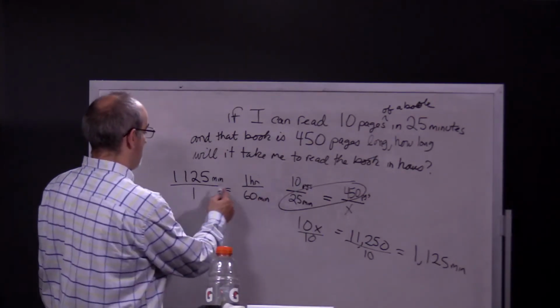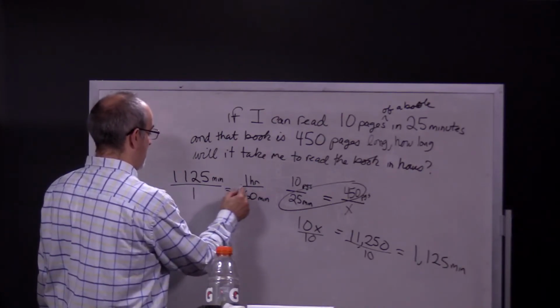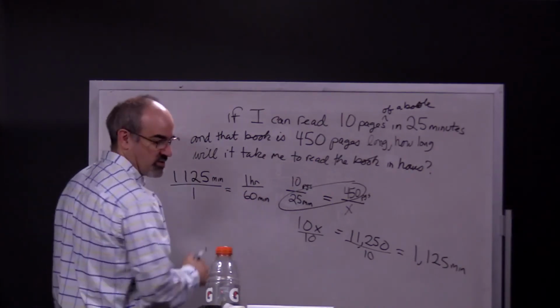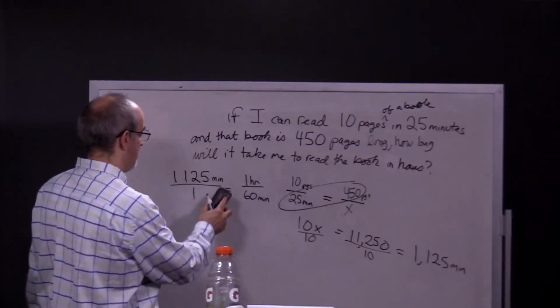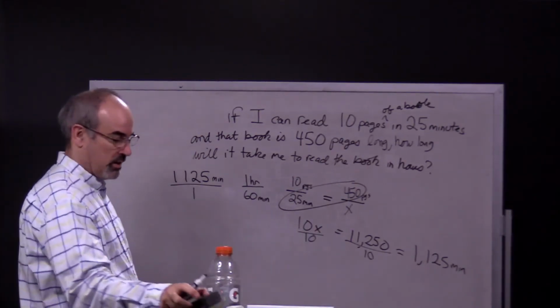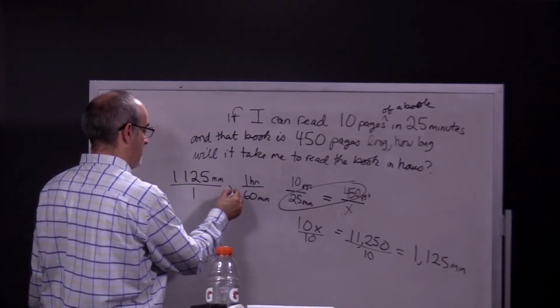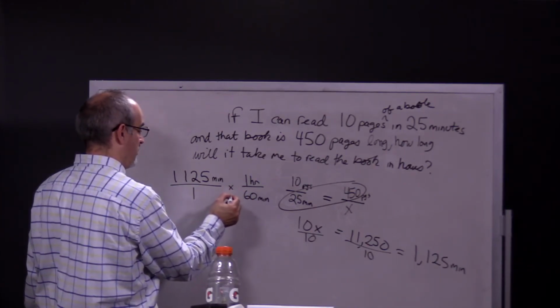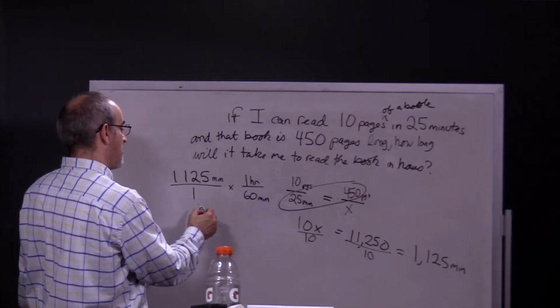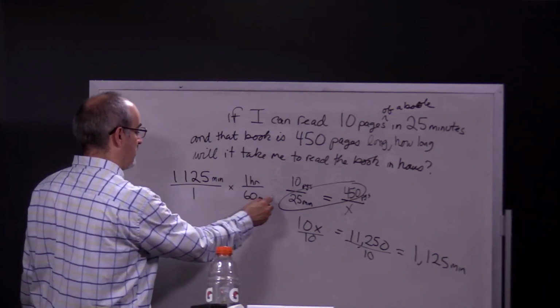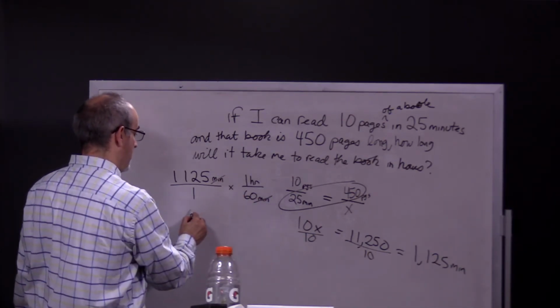So the reason that you do it like this, I shouldn't have the equal between them. I want to go like this. Right. So the minutes cancel out and we're left with hours.